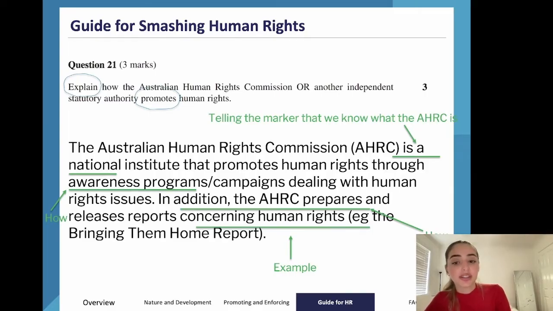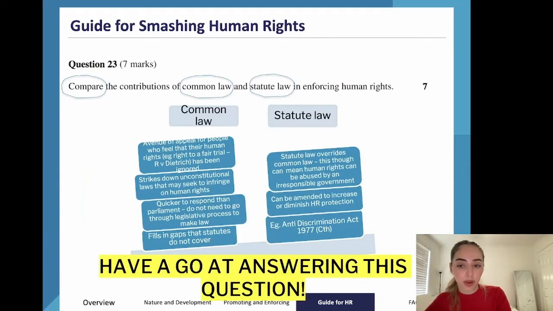Okay, so I've just outlined how they do it, well, through awareness programs and campaigns. In addition, the AHRC prepares and releases reports concerning human rights. Example, the Bringing Them Home report. Okay, I've also said again how they've done it, the releasing of reports. And then I've given an example. Okay, I've also defined what the AHRC is, which is where one of those marks would have went.